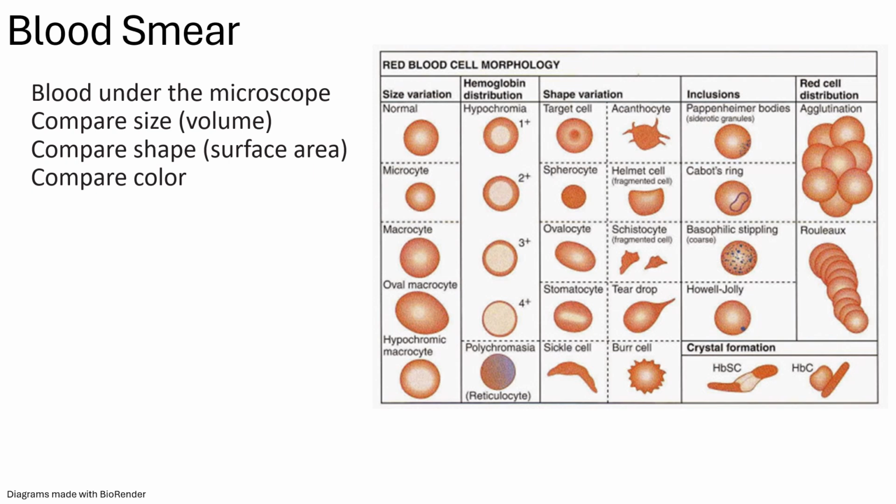You can compare the size of red blood cells, calling them microcytic or macrocytic. You could compare the shape of red blood cells, from that perfect biconcave shape to a Burr cell or a helmet cell. You could also compare the color of red blood cells, whether they have a really lightly colored center, or if they're pink or a more darkly colored red.